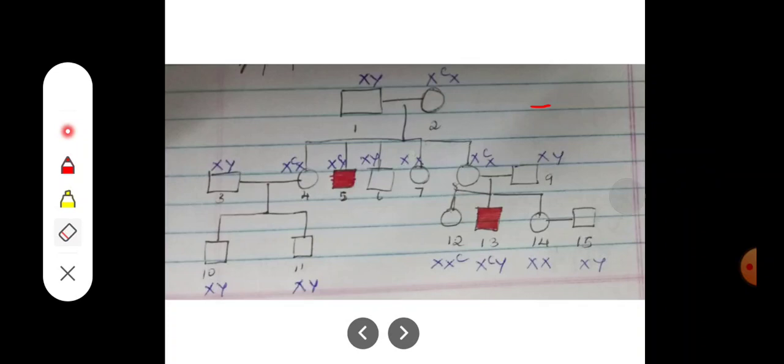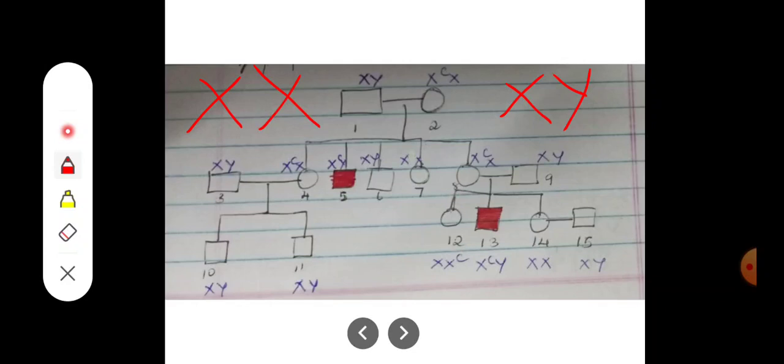I hope you remember that. A male individual has the genotype XY, because they have an imperfect pair of chromosomes, X and Y, and females have the genotype XX. Clear? These are the letters used to denote male and female individuals.